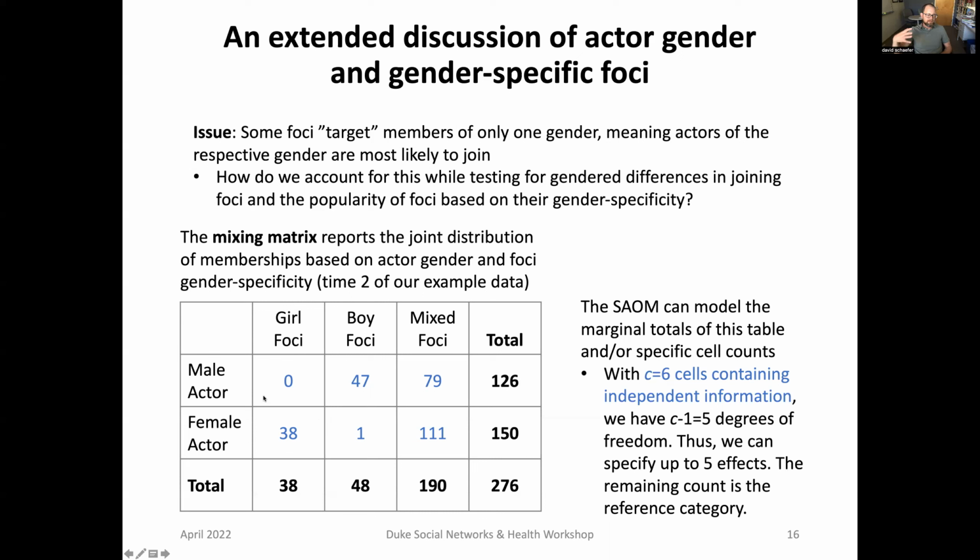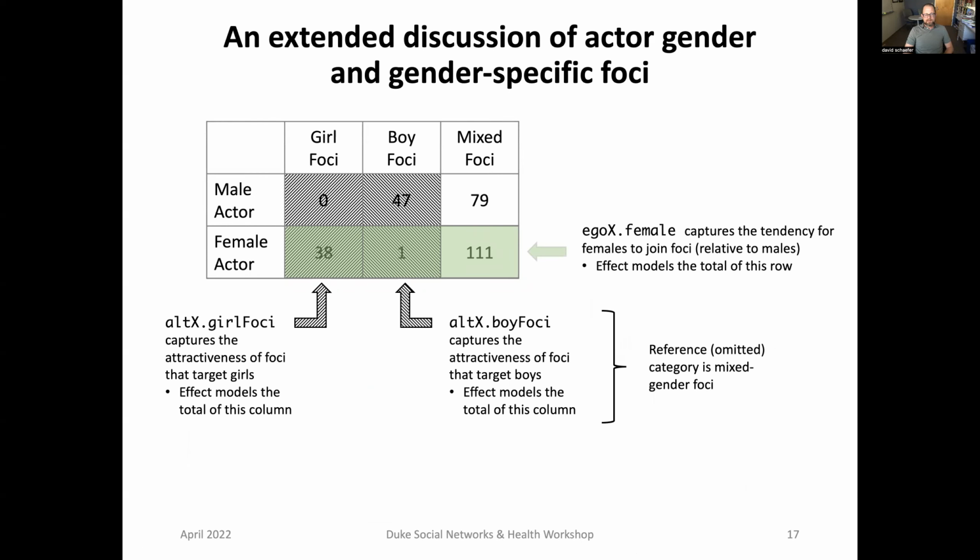If you've done log linear modeling, the idea is similar in that you want to think about how your modeling of marginals represents certain cells, and you want to make sure to not use up all your cells and to leave one cell unmodeled as the reference category. For instance, with Siena models, we have an out degree in the model to control for the overall probability of a tie, and so that's going to capture the cell that we leave unmodeled. Okay, so let's look at what that looks like here.